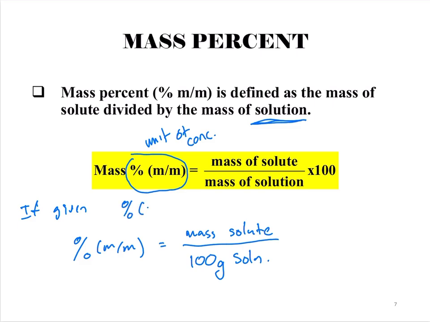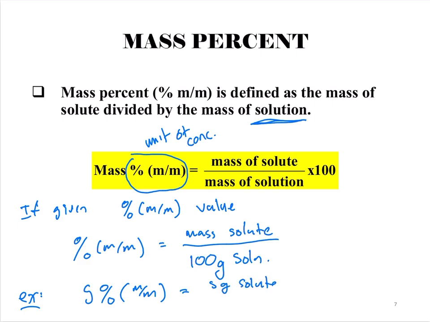So what I mean by that is if you have a 5% mass to mass concentration, that means you have 5 grams of solute over 100 grams of solution.